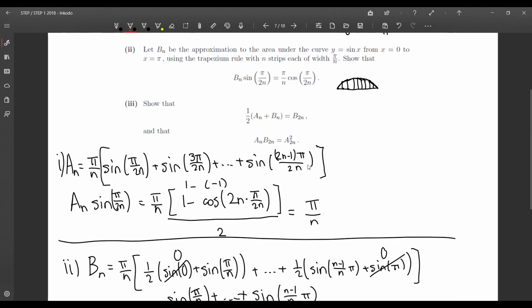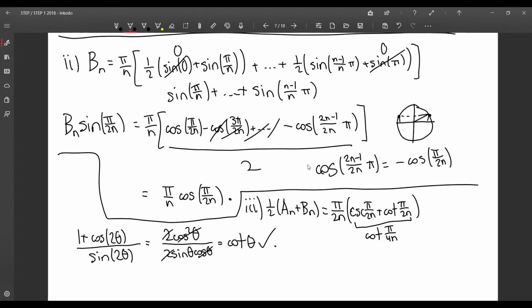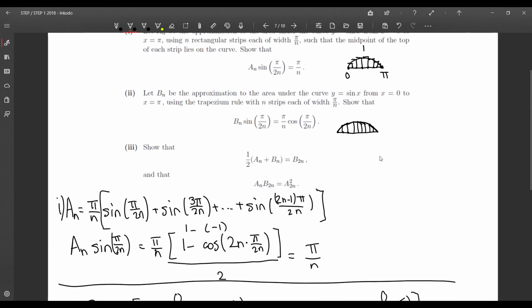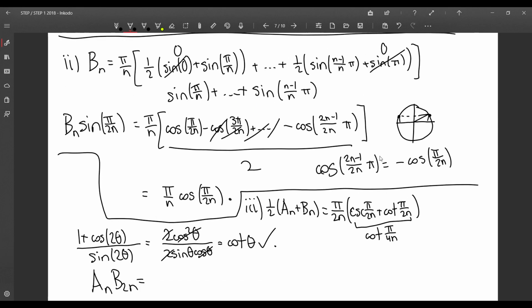And then a sub n b sub 2n equals a sub 2n squared. I'm sorry, I'm sort of running out of space on this problem. So a sub n b sub 2n. Again, we have these explicit forms, and then these checks basically just come down to trig identities, as we saw with that last one.